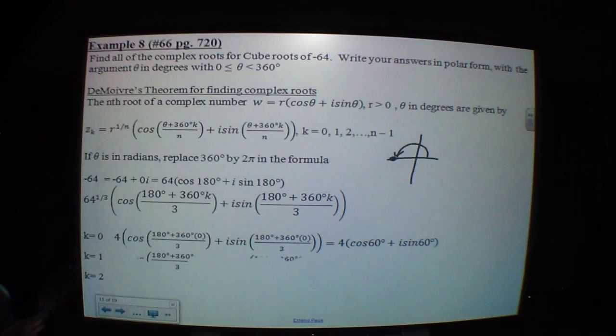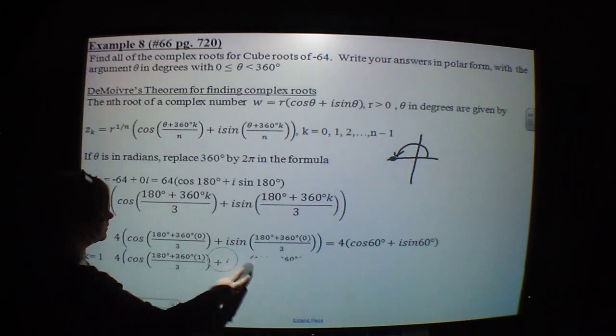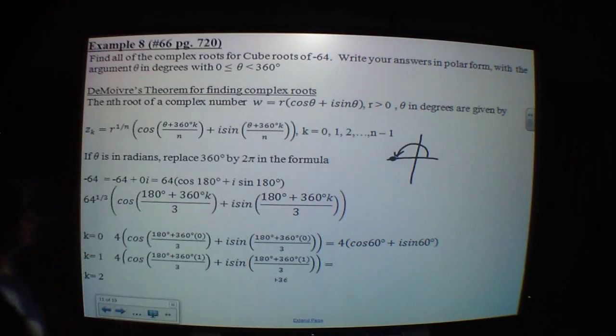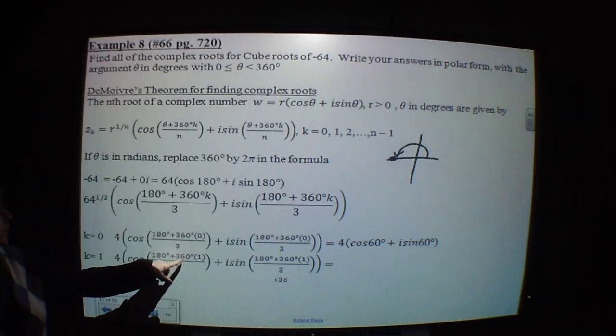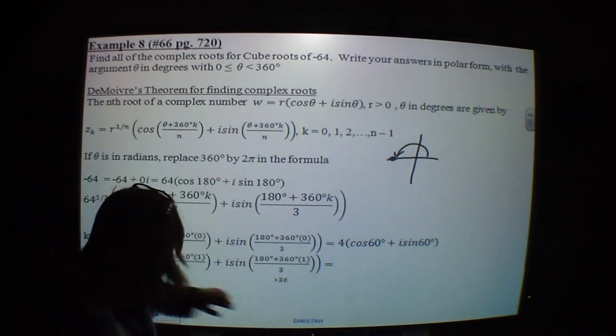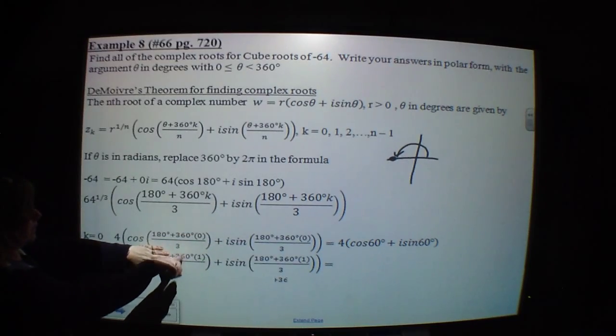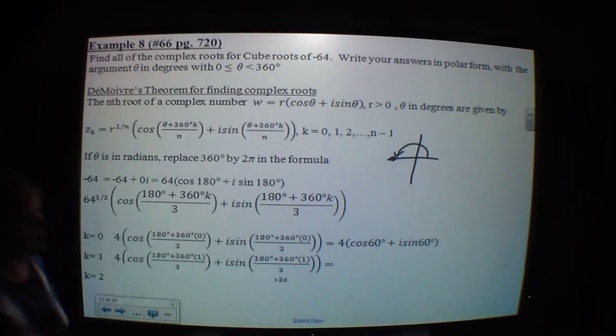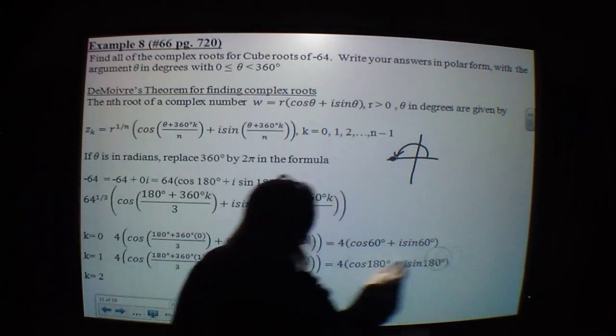When k is 1, instead of 60 degrees, you have 180 plus 360 divided by 3. The fast way to do this in your head is think this was 60. I'm adding 360 over 3, which is 120. 120 plus 60 is 180.